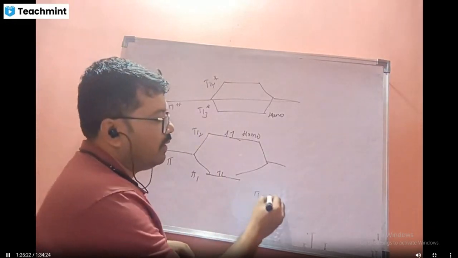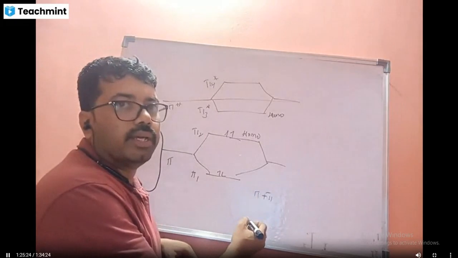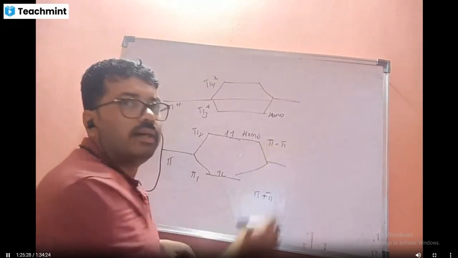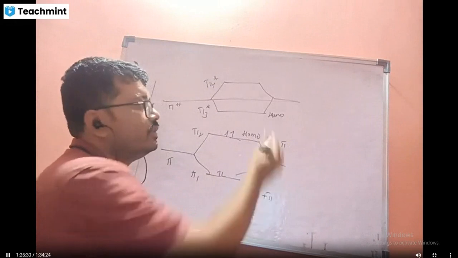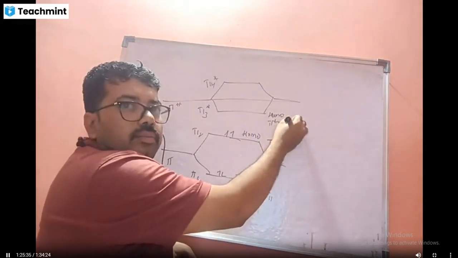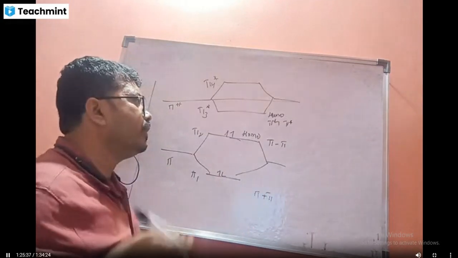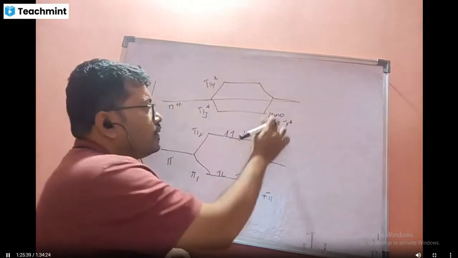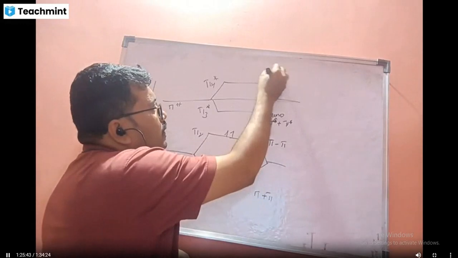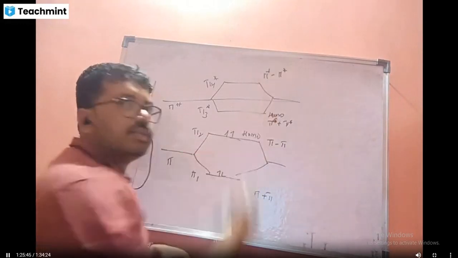This is pi plus pi, this is pi plus pi, and this is pi minus pi, antibonding. This is pi star plus pi star, bonding, and this is pi star minus pi star.